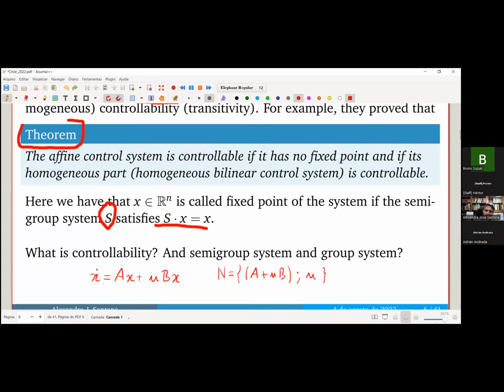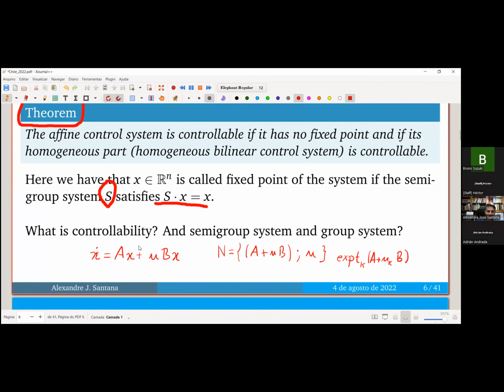Then we have here the set of matrices. With this, we can consider the exponential of, for example, t_k times (A plus u_k B). This is a flow of this matrix here, or the solution of the ordinary equation with u fixed.